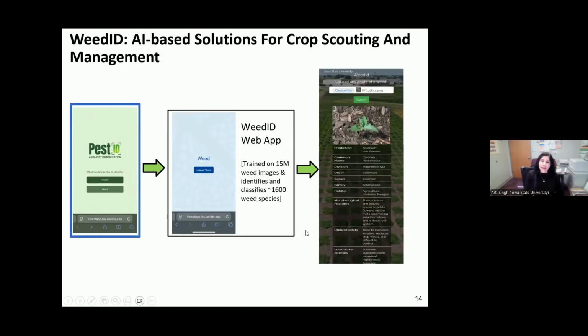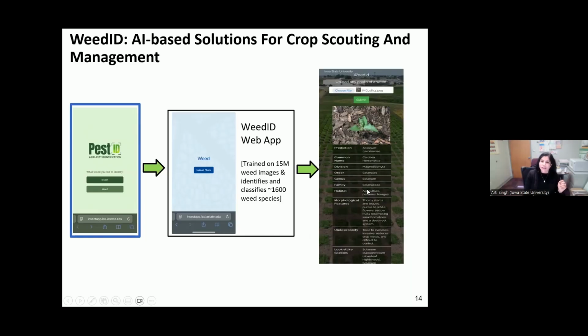And this gave me confidence. And when I started testing it, I was amazed to see what AI can do when it comes to identifying these weeds at an early stage. As you can see in the picture, this is a Solanaceae family weed, which is Carolina horsenettle. And when we used this in the field, in real time, it was able to not just identify it, we were able to include the taxonomic classification.